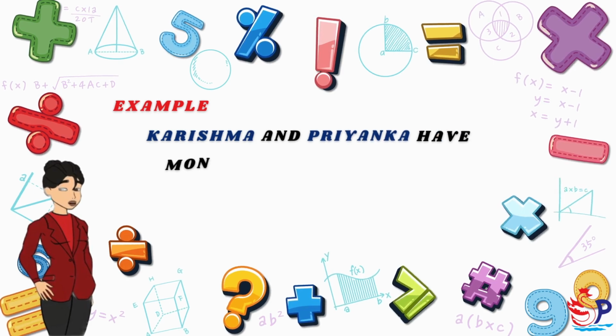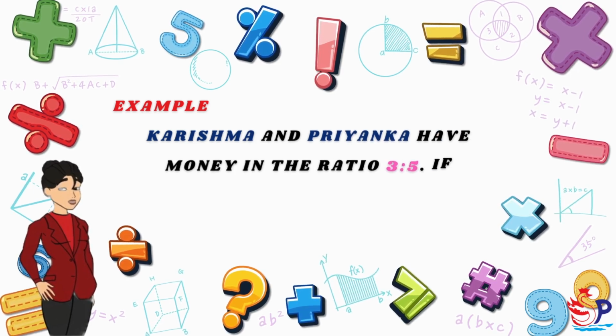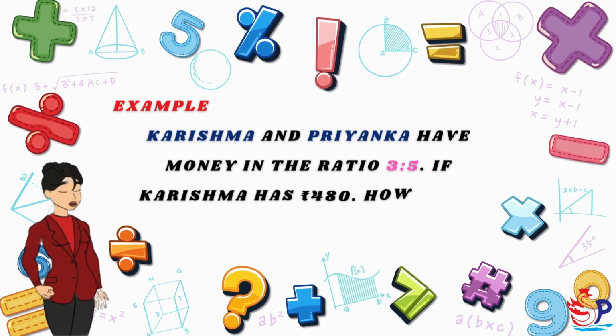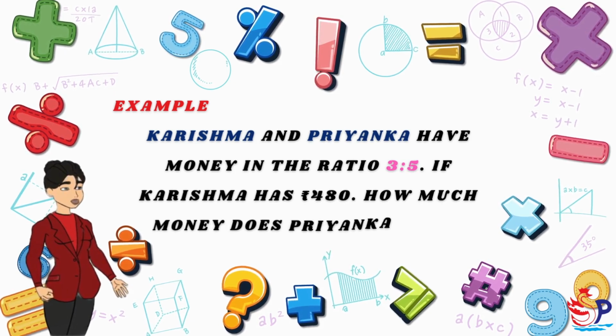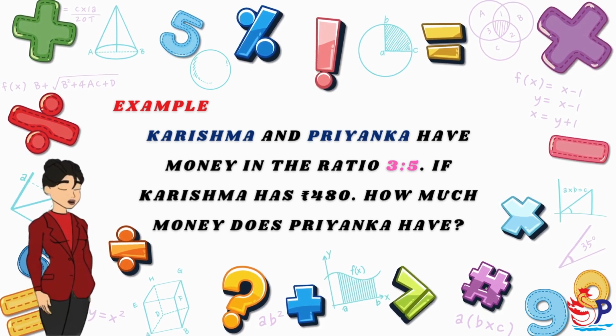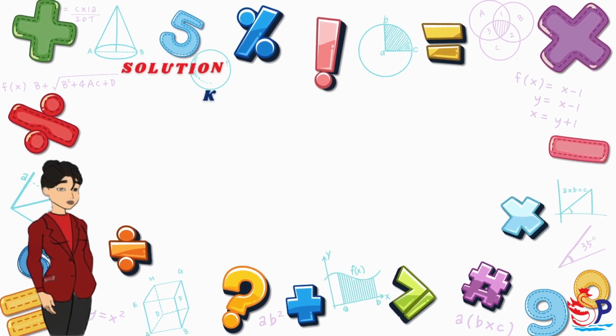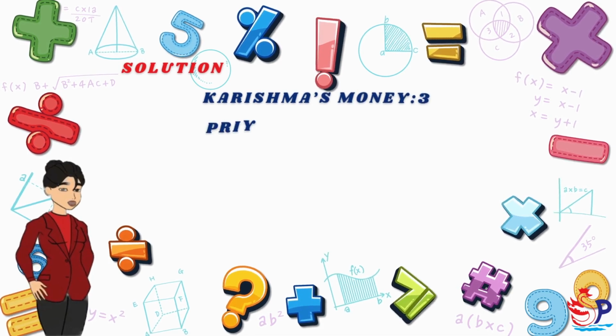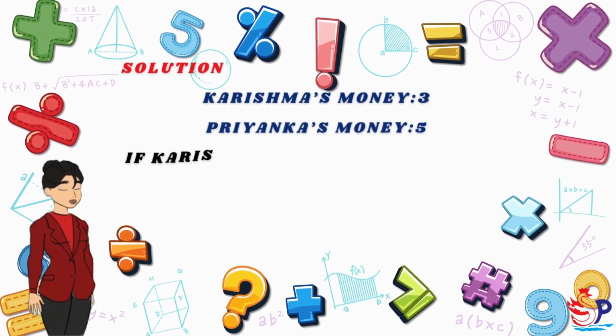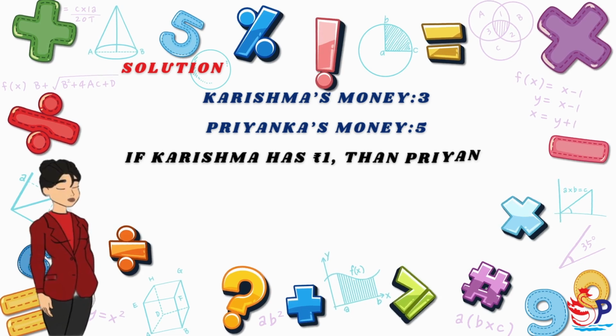Example, Karishma and Priyanka have money in the ratio 3:5. If Karishma has 480 rupees, how much money does Priyanka have? Solution: Karishma's money 3, Priyanka's money 5.